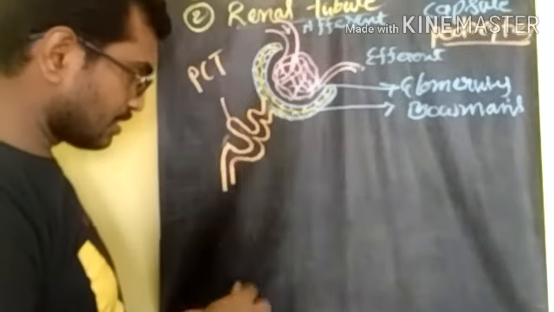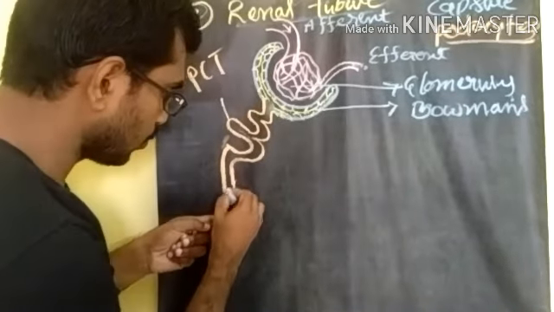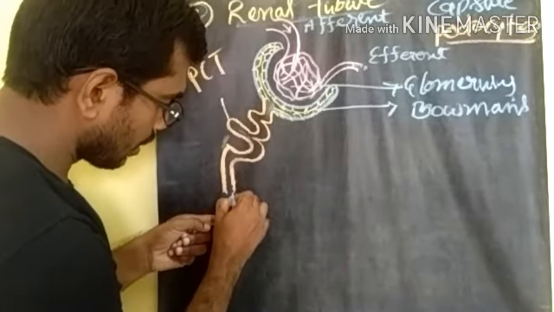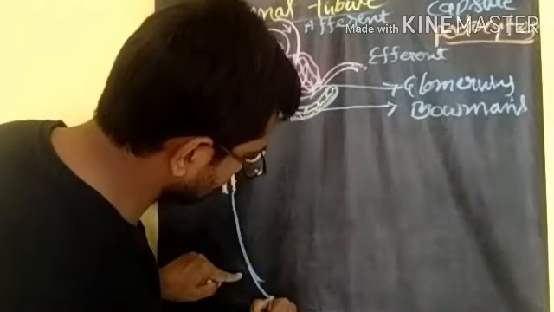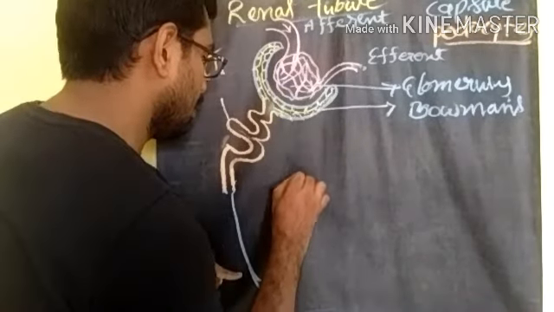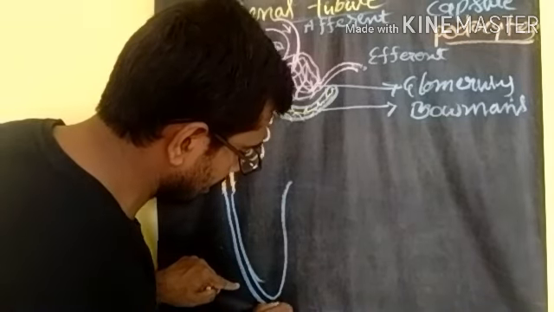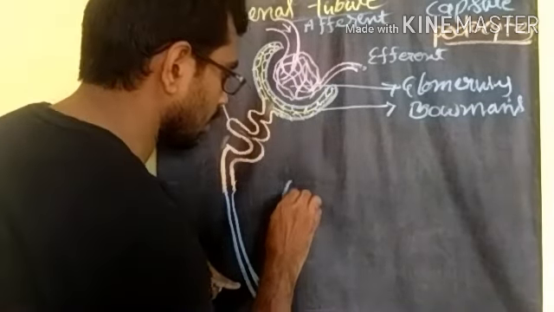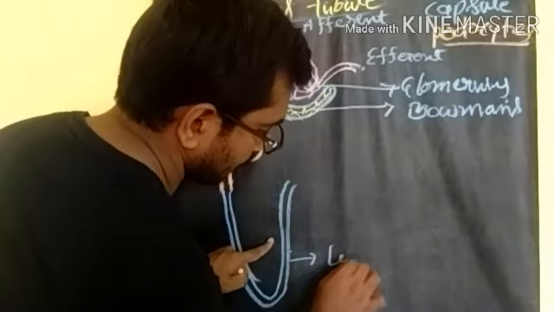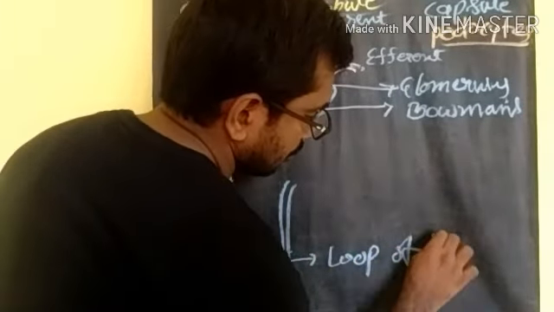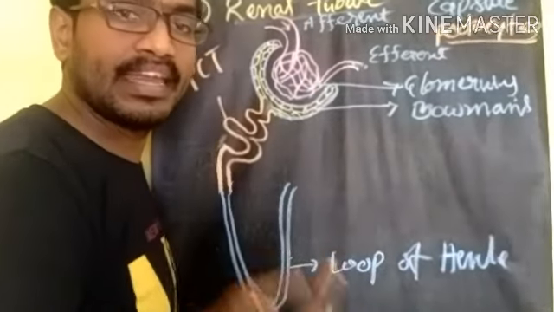Then this proximal convoluted tubule opens into a narrow hairpin-like structure. This narrow hairpin-like structure we call the loop of Henle.